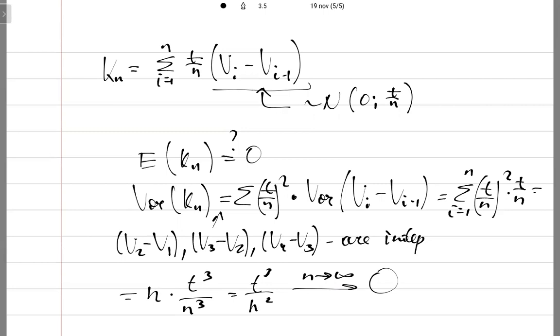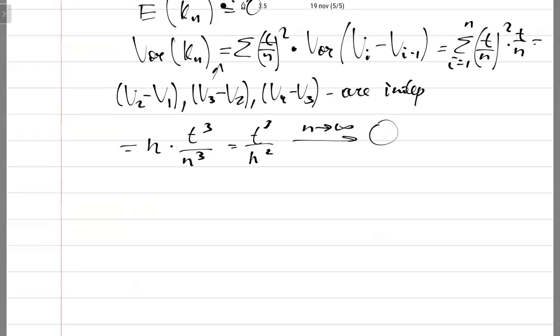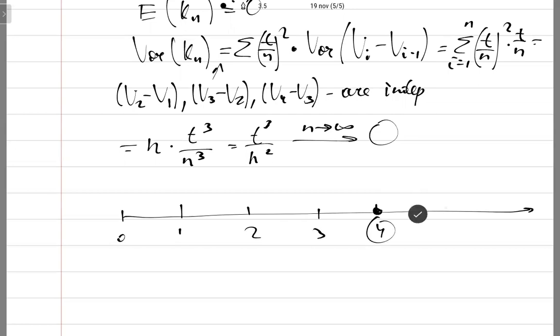I will explain a little bit why these differences are independent. Let's consider 0, 1, 2, 3, 4. I'm here; the current time is 4.